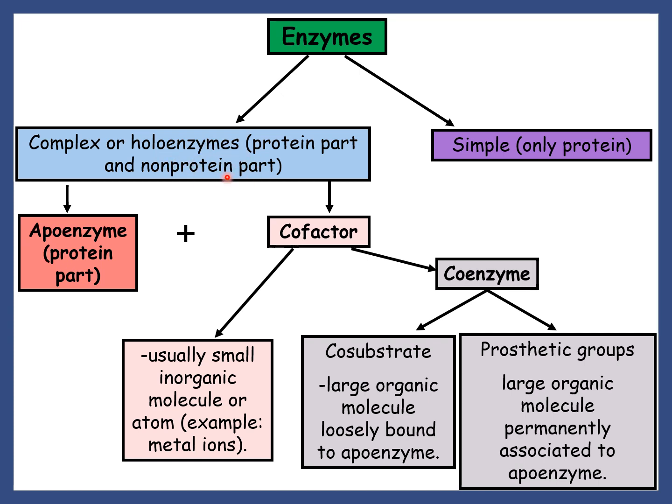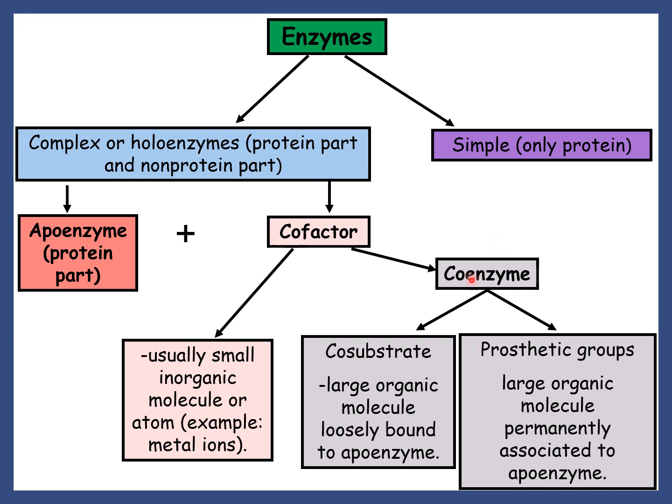The enzyme without its non-protein part would be called the apoenzyme, and it's the inactive, protein part, and the non-protein part is called the cofactor. If the cofactor is inorganic, it's normally called a cofactor, and it binds to the apoenzyme and actually catalyzes the reaction.